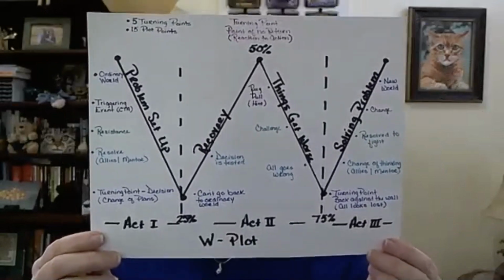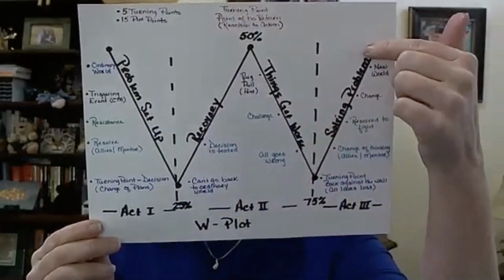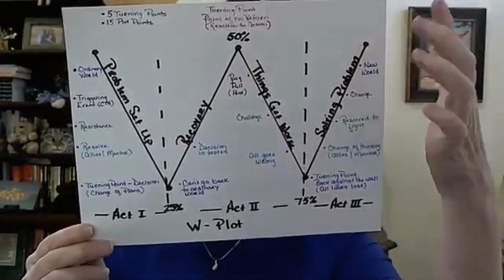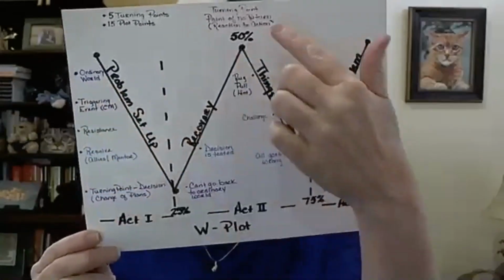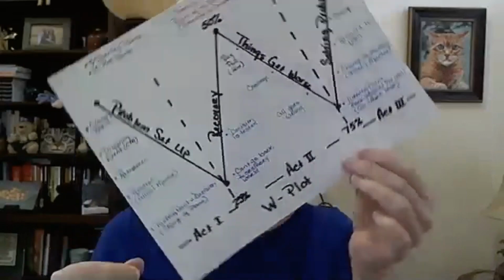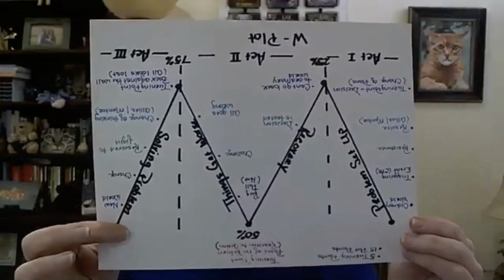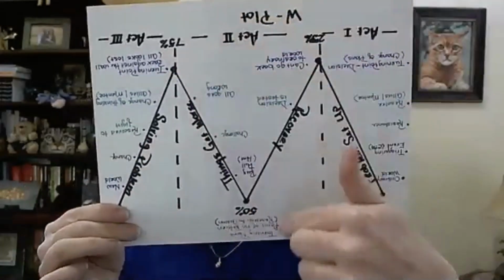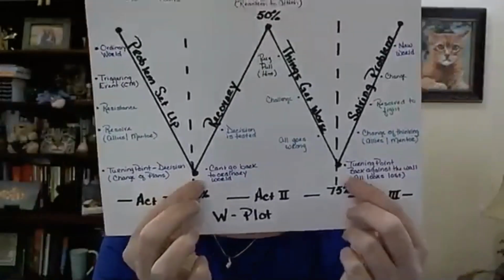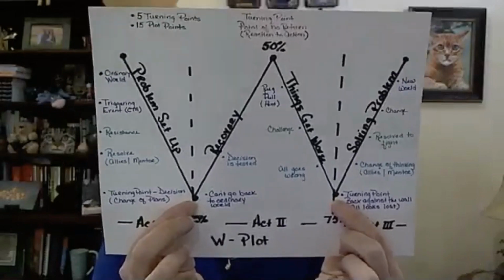One of the things that you might want to think about too is each one of these is a character. So Ron Weasley and Hermione will each have their W plot. They're going to go through their own character change. The other thing that I want to point out is if you have a villain in your book, your villain should be an M plot, because when the characters are at their worst is when their villains are at their strongest.